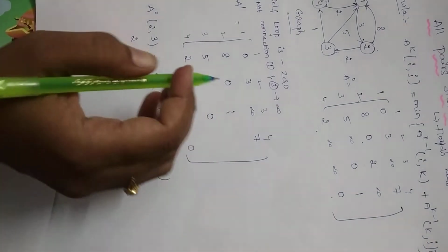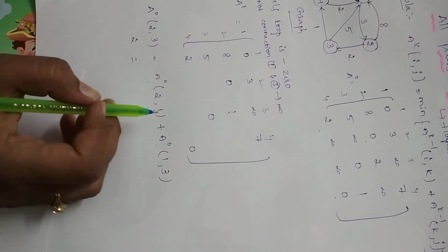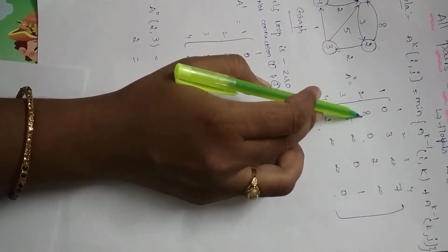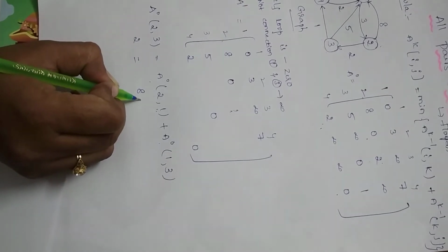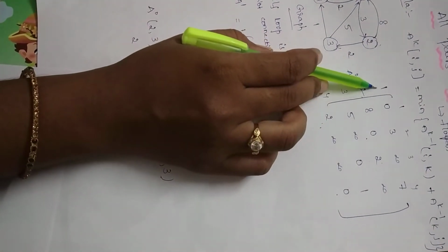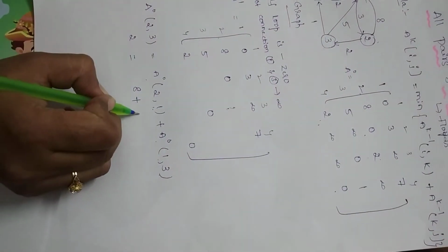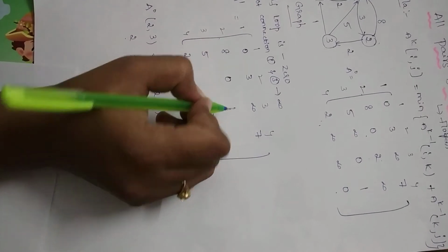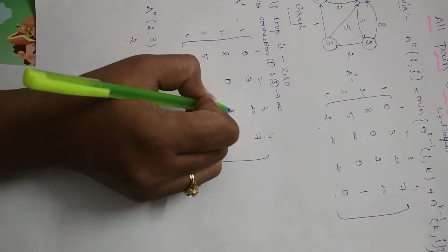Next, A^0(2,1), which is 8, plus 1 to 3, which is infinity. This is large compared to 2, so we take 2. The minimum value here is 2.